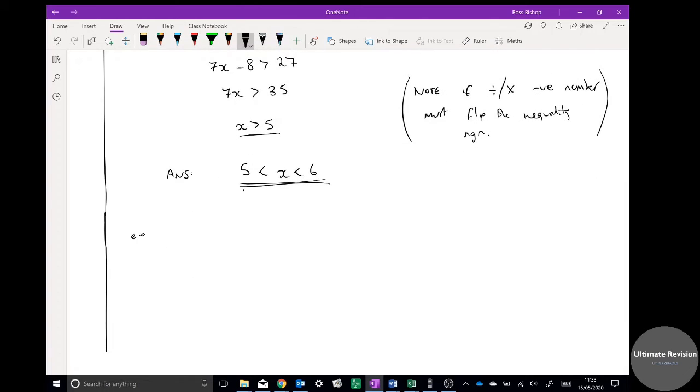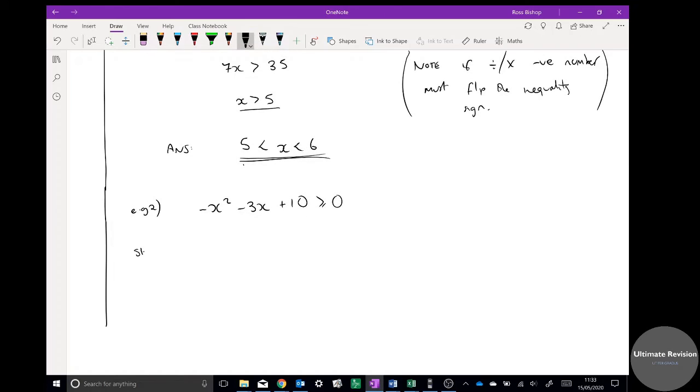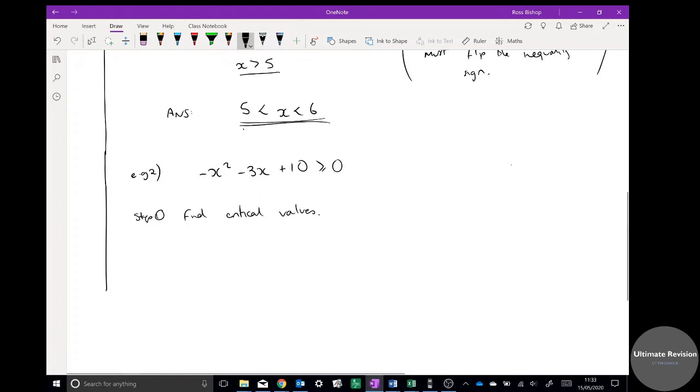Right, let's look at example 2, and this is a quadratic. Solve this inequality. Now, step 1 is we find critical values by setting equal to 0, and then I solve as normal.